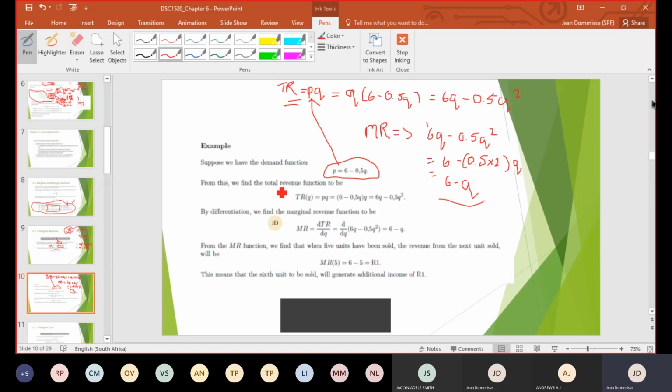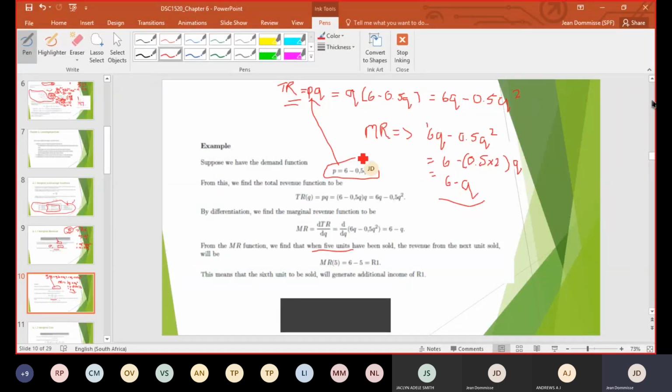So then what do we do next? They will tell you what to put in. Like they've said here, from the marginal revenue, we find that when we sell 5 units. So they will need to tell you, okay, you sell 4 units, what is your marginal revenue? You sell 3 units, what is your marginal revenue?